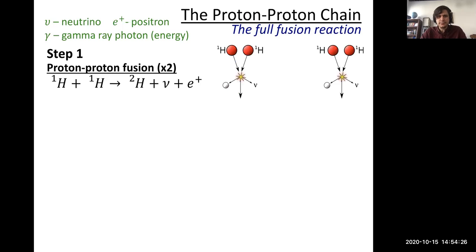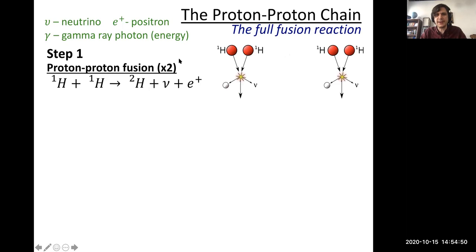All right, so let's go through the full proton-proton chain. It's a 3-step process. We've already talked about the first step, where we have proton-proton fusion, and we're going to do it twice. So we take 2 hydrogen nuclei, 2 protons, fuse them together, and we do that twice.